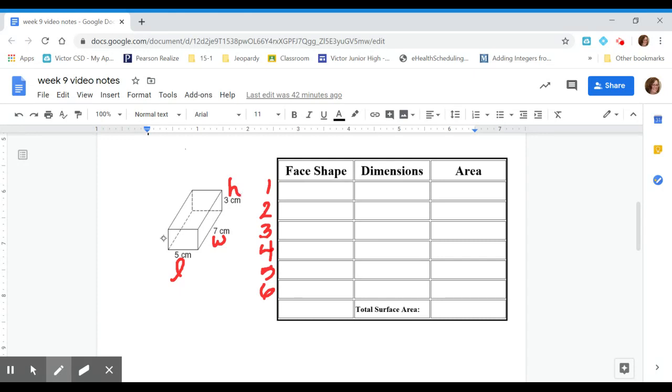So I'm going to take this one here first. Again, it doesn't matter which ones you do. The one I've outlined has a length of 5, and the height is 3. So that rectangle has dimensions of 5 by 3, and the area would be a total of 15 centimeters squared.